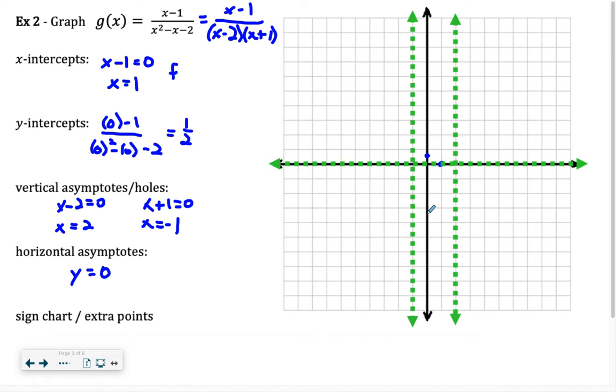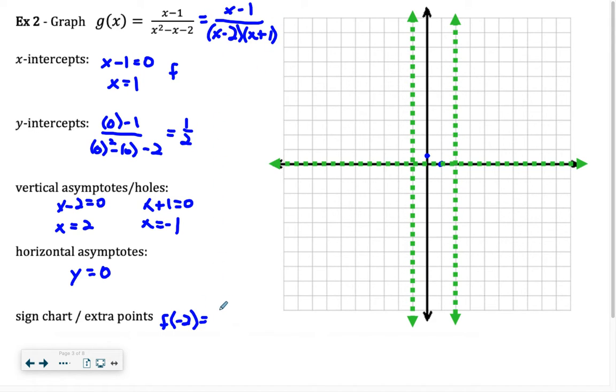All right, so let's plug in a few more values here. Let's start by plugging in a value to the left of this vertical asymptote. So let's plug in negative 2. So f of negative 2. It's probably going to be easier to plug into the factored form.